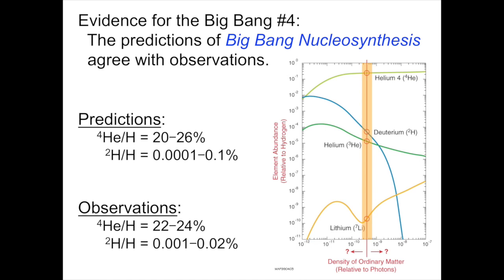The predictions of Big Bang nucleosynthesis very strongly agree with observations, telling us that this hot, early phase in which nucleosynthesis occurred has left behind observable products in our current-day universe.